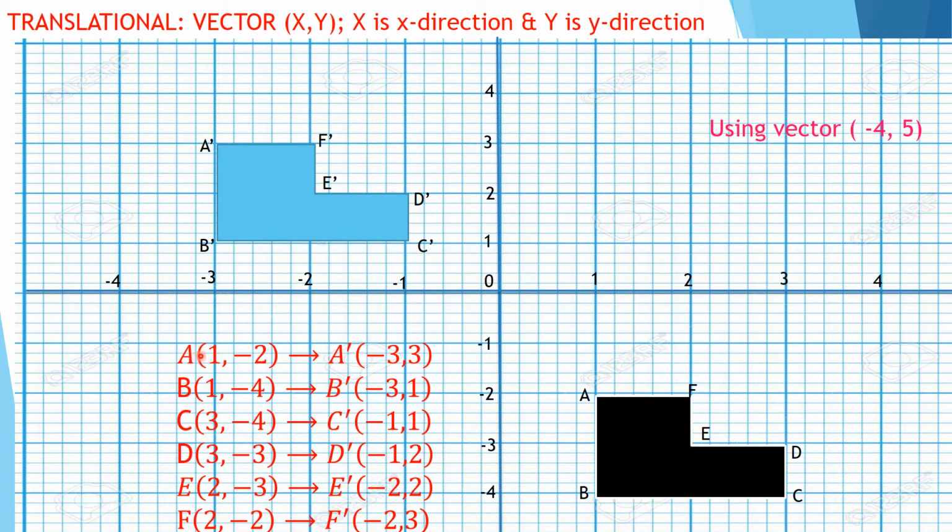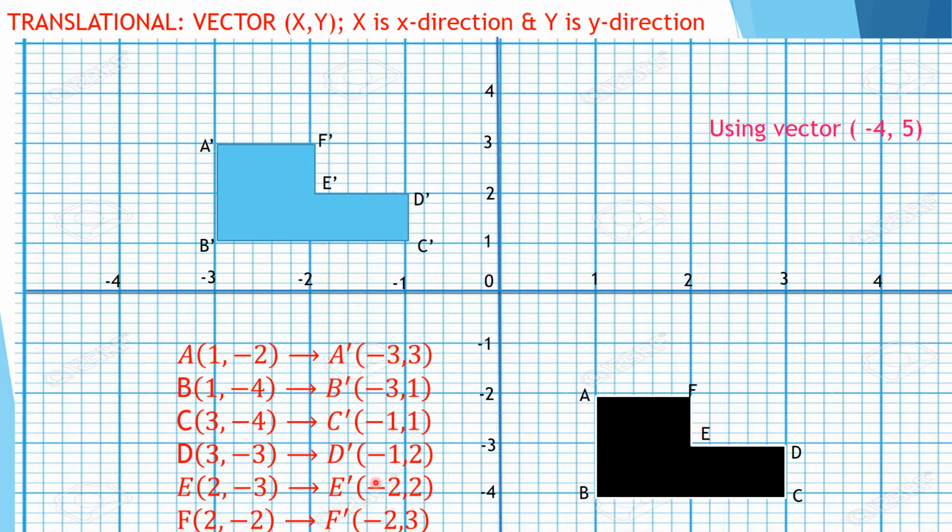So for A, we take 4 from this and we have minus 3. Add 5 here, we have 3. Take 4 away from here, we have minus 3. Add 5 here, we have 1. Take 4 away from here, we have minus 1. Add 5, we have 1. Take 4 away, we have minus 1. Add 5, we have 2. Take 4 from this, we have minus 2. Add 5, we have 2. Take 4 here, we have minus 2.